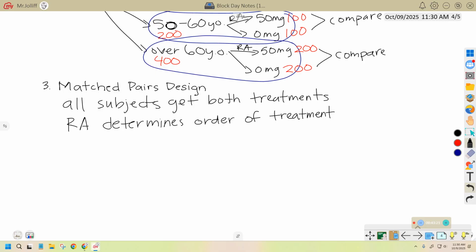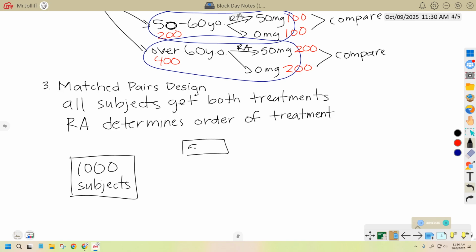So, picture-wise, deep breath. 1,000 subjects. And I'm splitting them into 2 groups. The first half are going to get 1 pill first, and then the other pill.